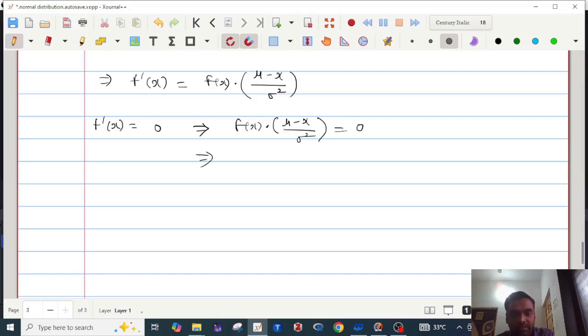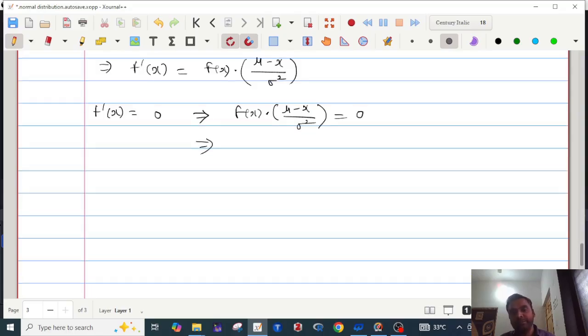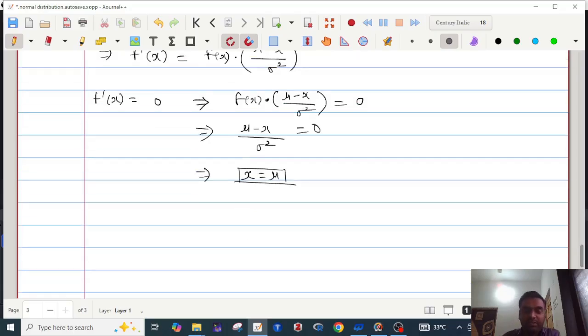As this f of x is a PDF, it cannot be negative, so mu minus x on sigma square is equal to 0, and this implies x is equal to mu. Therefore this x is equal to mu, this is the root.